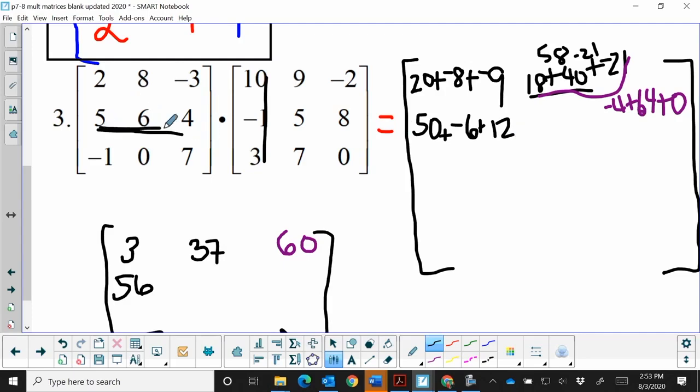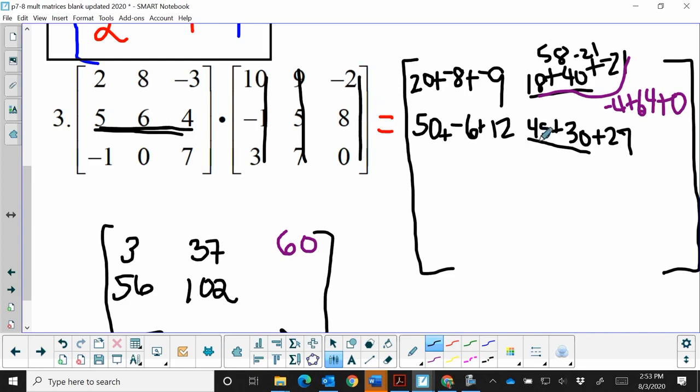Then let's take second row, second column. So that's 9 times 5 is 45, plus 6 times 5 is 30, plus 4 times 7 is 27. Okay, so that's 75, 85, 95, 102. So that position is 102. And then row times the last column.